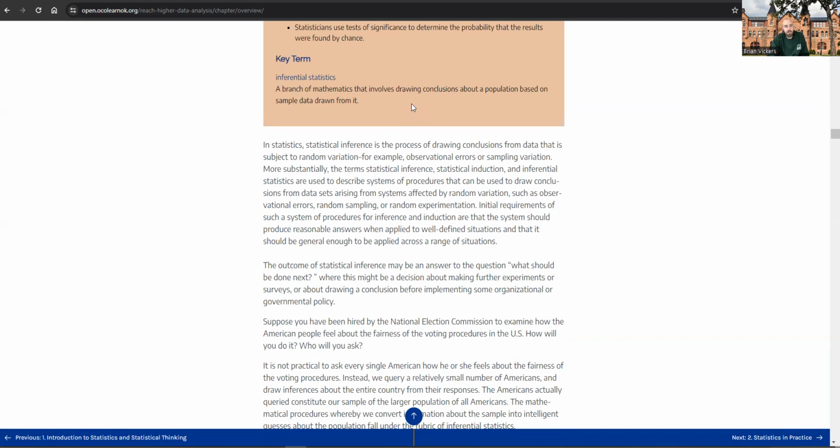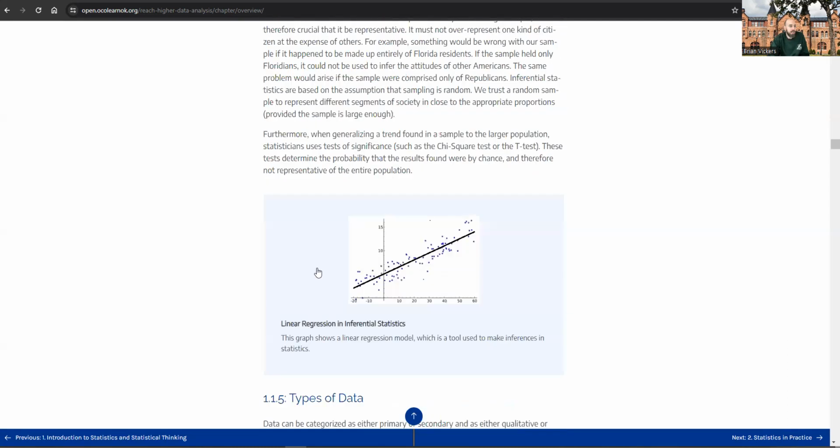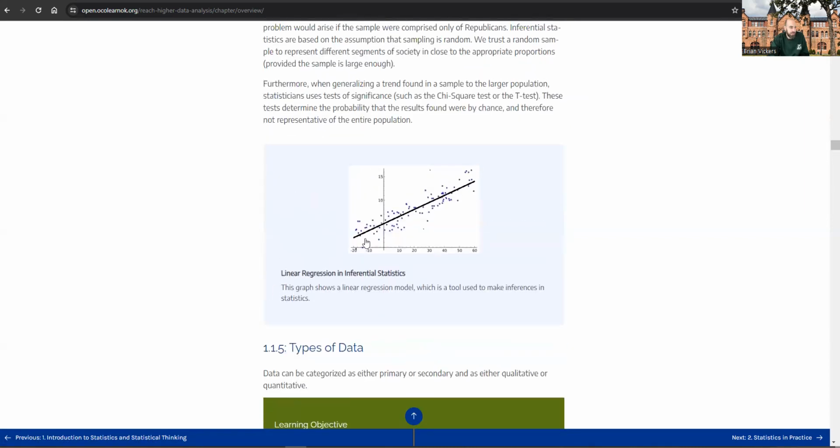Inferential statistics, drawing conclusions about a population based on a sample size, right? Here we have a number of different results of samples of maybe a survey or something like that. If we plot these out on a graph, we can see a scale as one goes up, there's a positive correlation between these two events, whatever they happen to be, right?